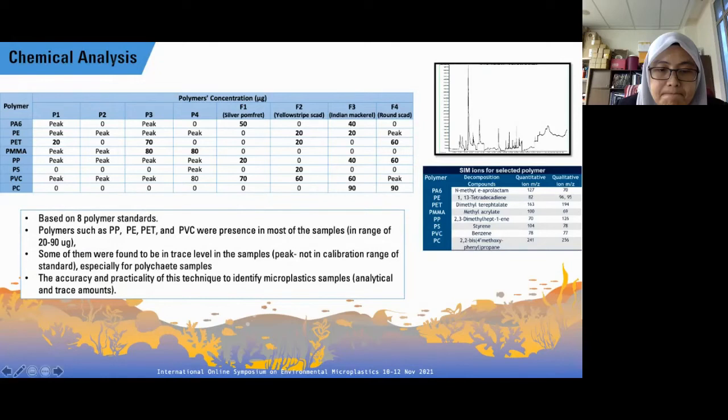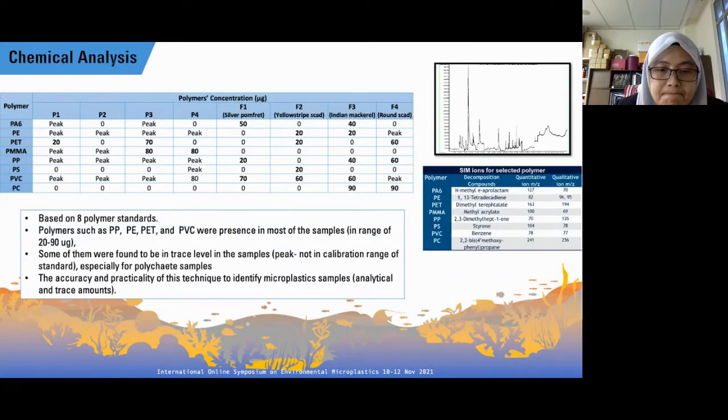This table summarizes the concentration data in microgram per liter, so it's a ppb unit. This table also indicates that the calculated microplastic concentration was based on an individual calibration curve for the standard polymer before we run the real sample.